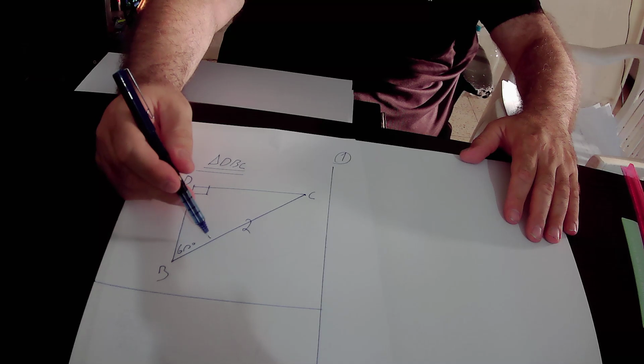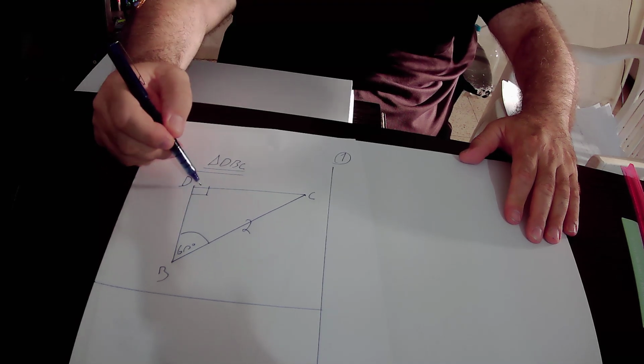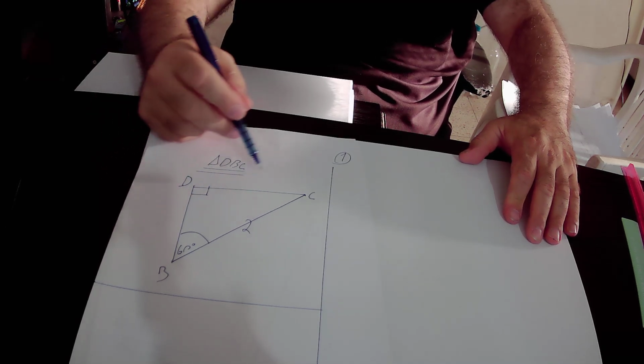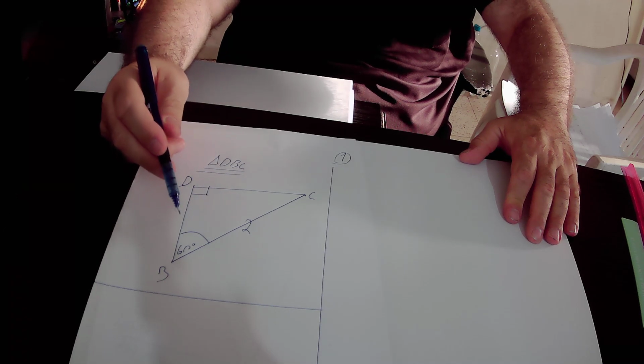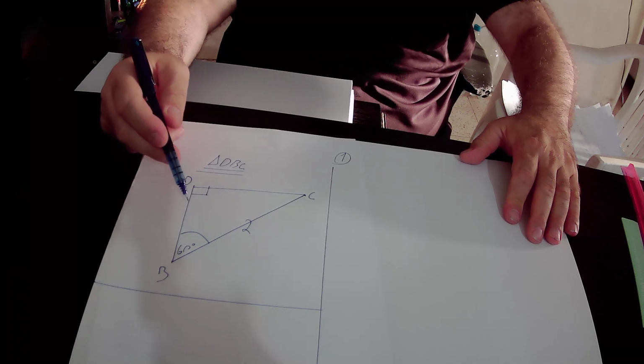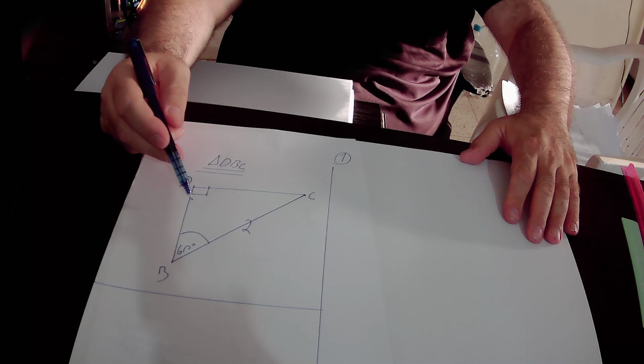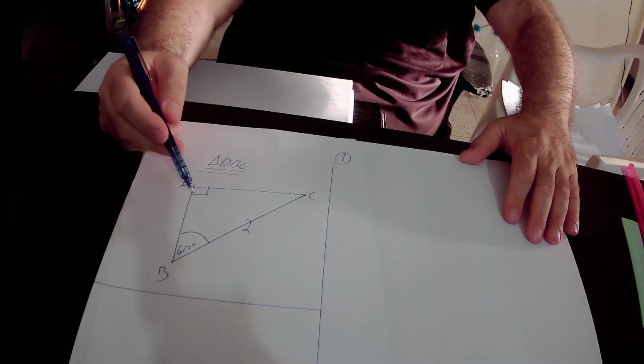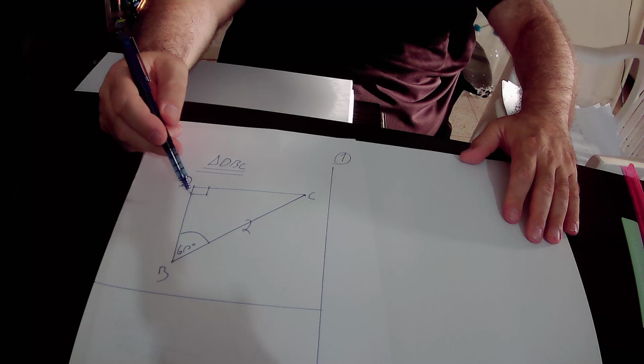Angle CBD equals 60 degrees. This angle is a right angle, and side BC equals 2 units. We know that the sum of the angles in any triangle is equal to 180 degrees, so which angles do we have in triangle DBC?